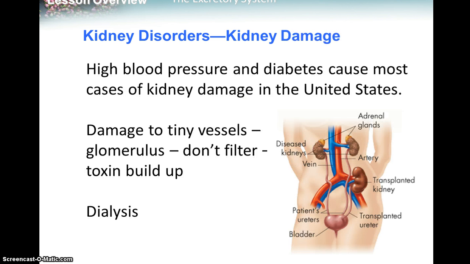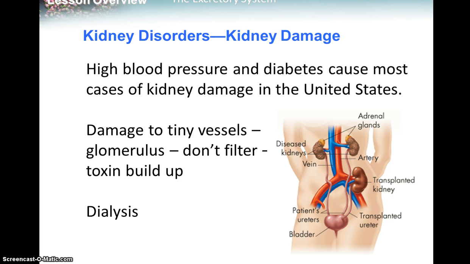And then our last slide is simply about damage to kidneys. High blood pressure and diabetes cause most cases of kidney damage in the U.S. And in both of those cases, in different ways, but that's not important at this point, you damage these tiny vessels that are in the glomerulus.